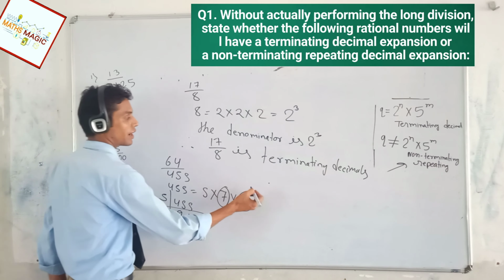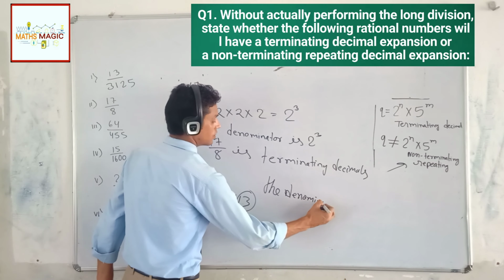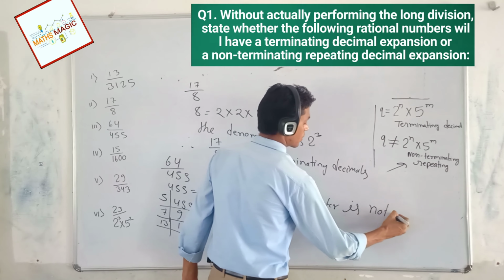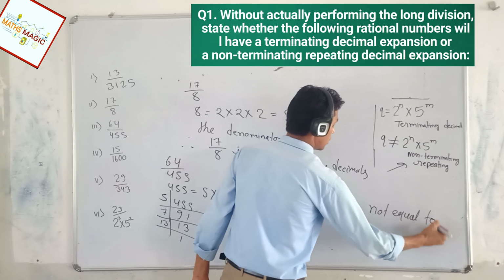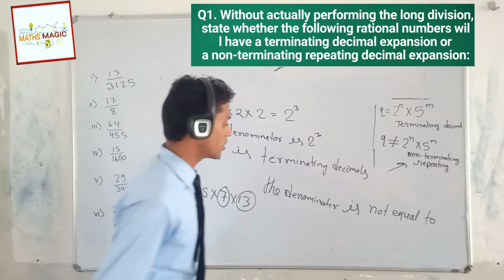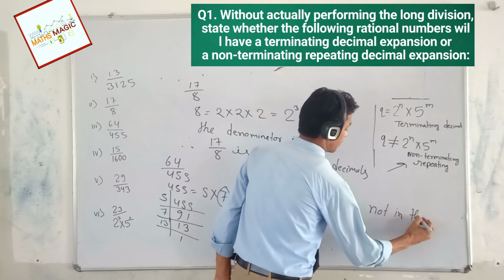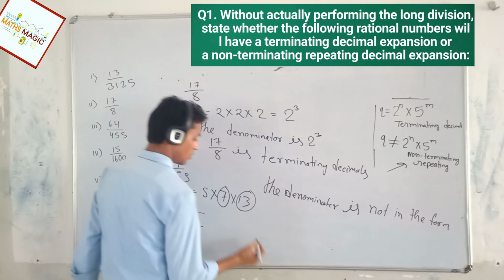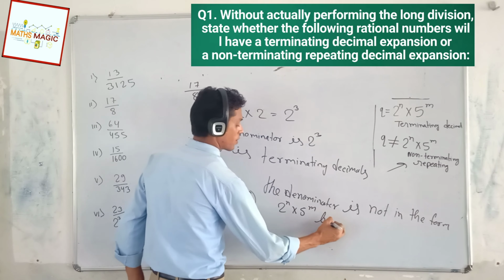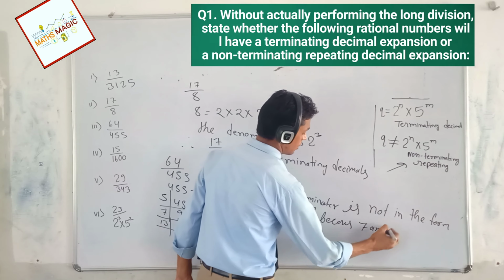So we have to write that the denominator is not in the form 2^n and 5^m, because of both 7 and 13.